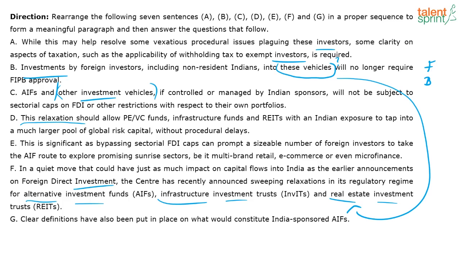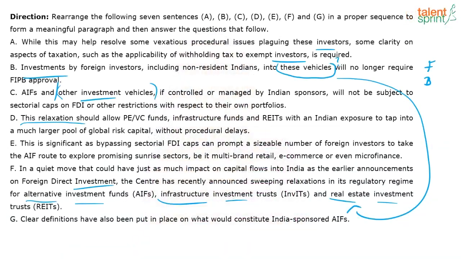If you look at C, it's giving me additional information, referring to restrictions, sectorial caps. And yes, it's addressing AIFs and other investment vehicles, no doubt. Think, if something does not require approval, isn't that a relief? So if it's a relief, then I am relaxed. Then what can be the next sequence after FB? FBD.